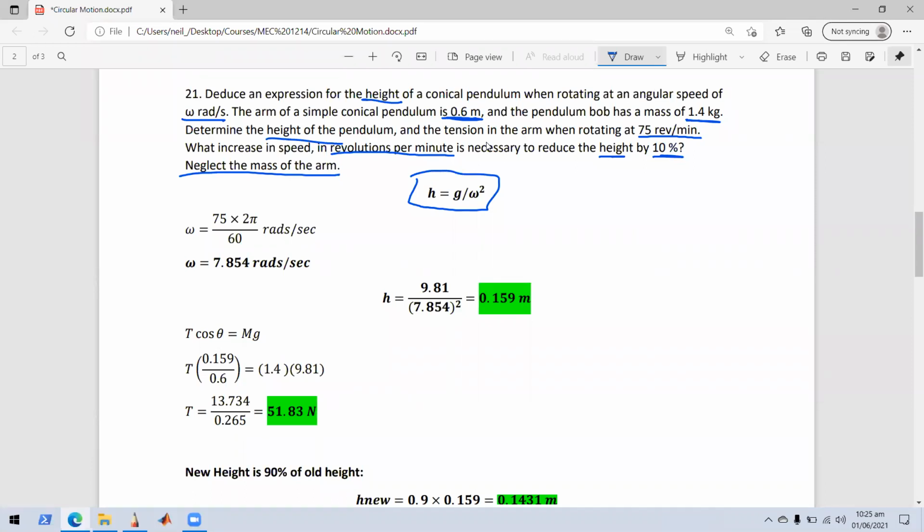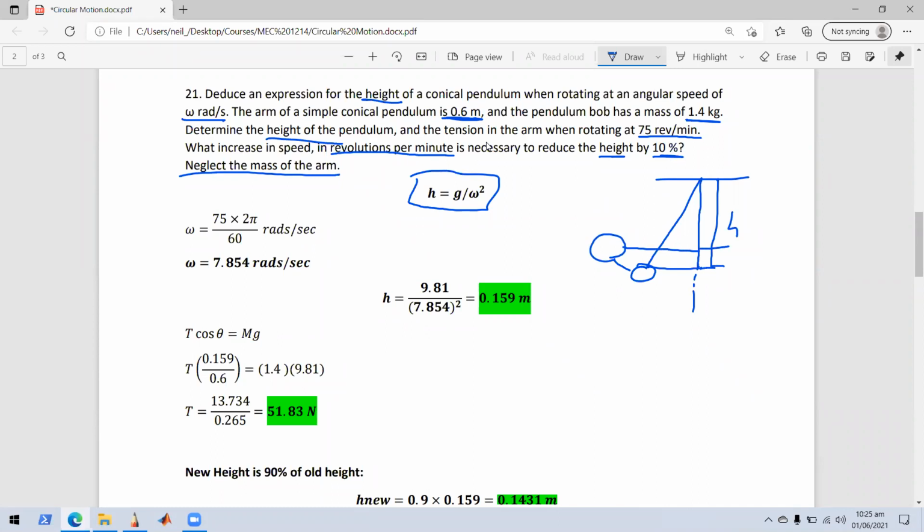So what's going to happen? Let's just draw a conical pendulum, right, with our mass. Now this height here, from here to here, let's call it h. As this thing spins faster, this mass is going to come out a bit more, and as it comes out a bit more, the height is going to be reduced, right?